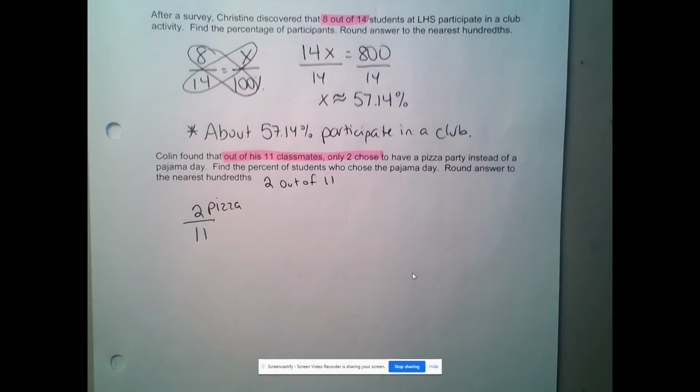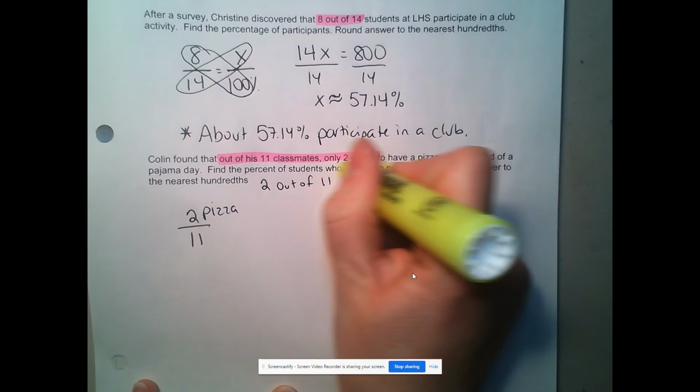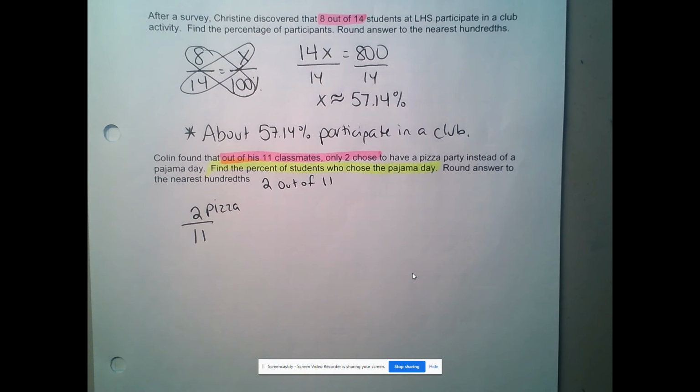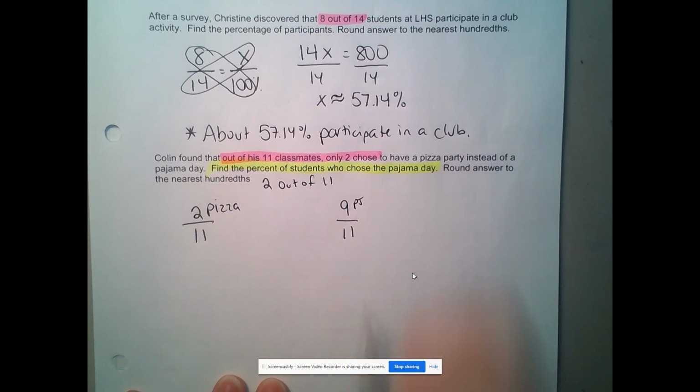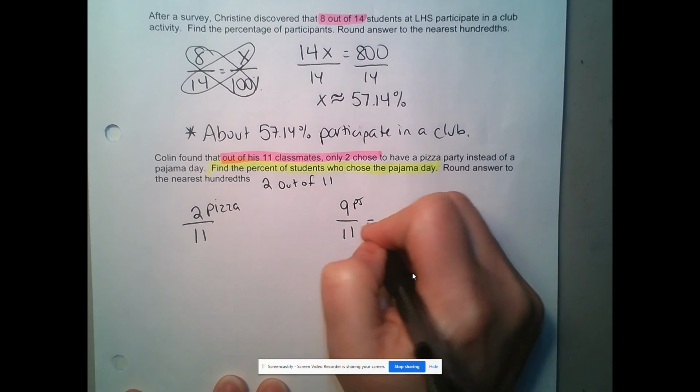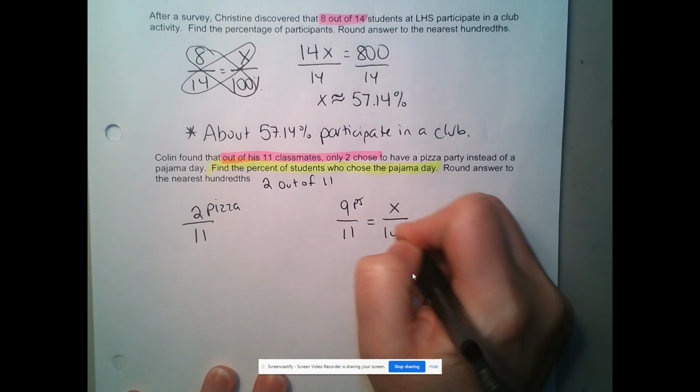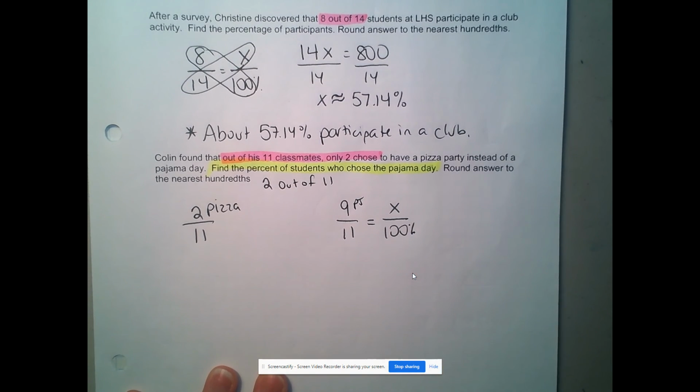The question says, find the percent of students who chose pajama day. So the question is actually not what we're sort of planning for. 2 students chose pizza out of 11. So if we take 2 away from 11, the other 9 students out of 11 chose pajamas. So 9 out of 11 is the fraction we actually want.